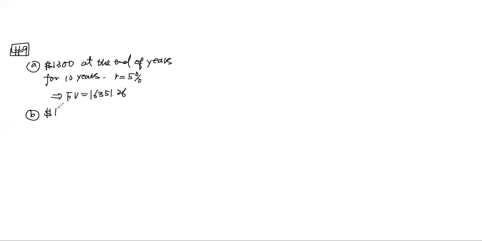You deposit 1,300 at the beginning. So the keyword here is beginning, and this one is end. Then all the others are the same. So here for 10 years, this is the same. Then your future value, we just calculated. I hope you wrote that one down. It is 17168.82.